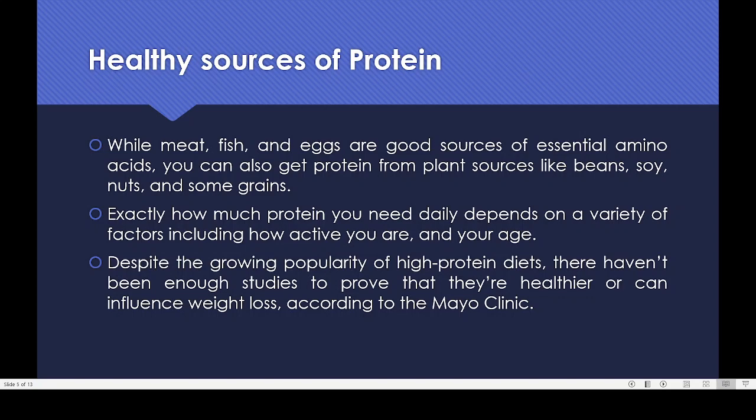The body has some capacity of converting protein into carbohydrate, or carbohydrate into protein, or protein into fat. That is one capacity the body has. So there is not much need to continuously take a lot of protein.